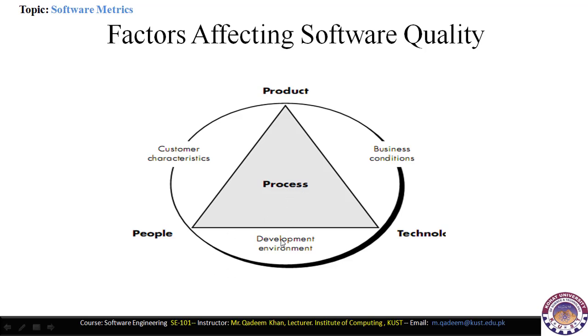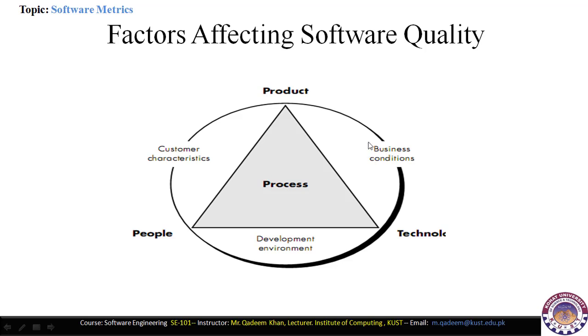Similarly, the process also contains the development environment. Development environment means the process used to develop the software, and the technology and resources required to complete the project. And similarly, the business conditions mean that the software should be developed within the given business values or within the budget.